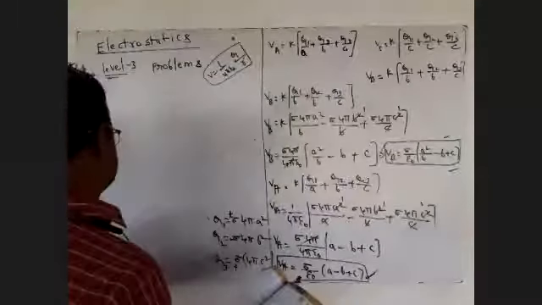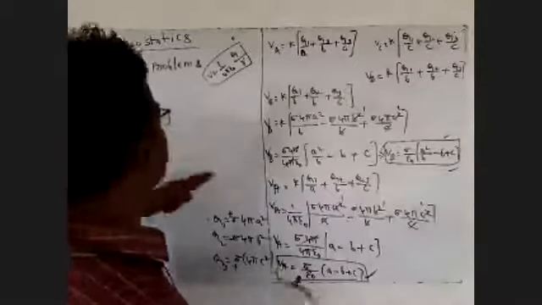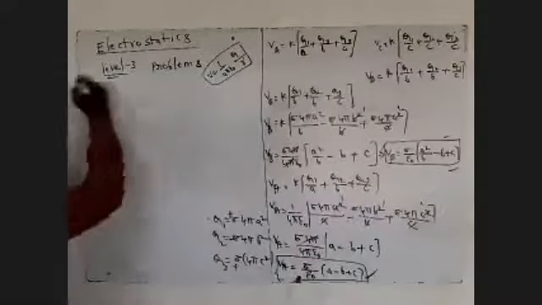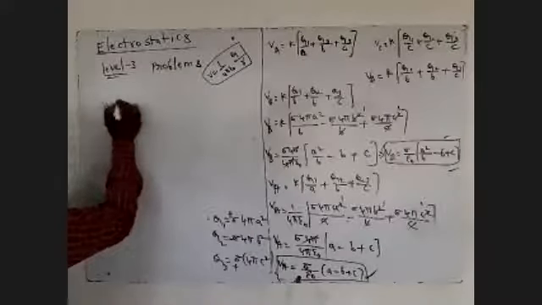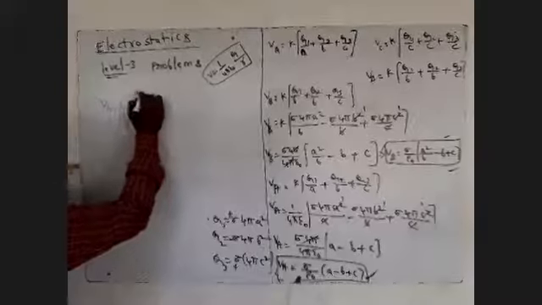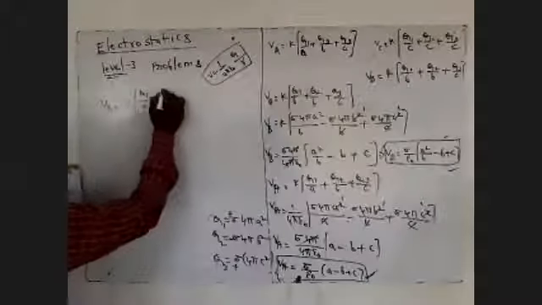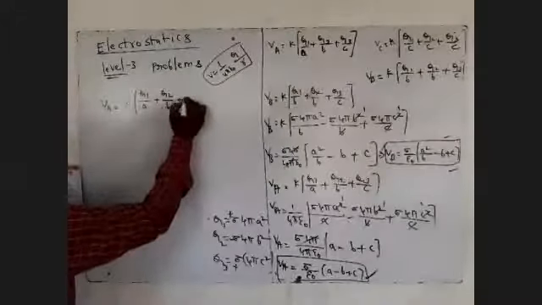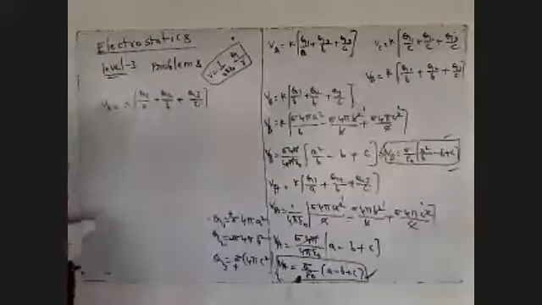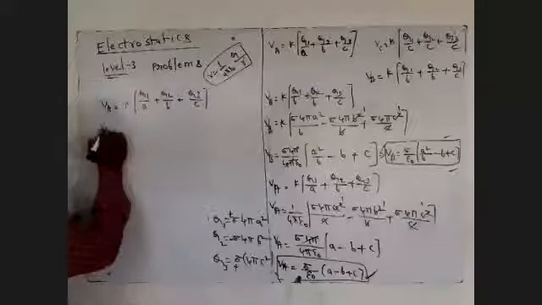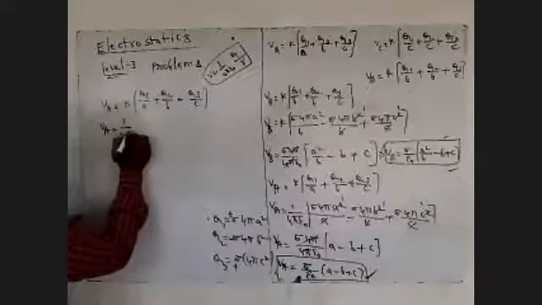You see the electric potential at point A. So VA is equal to, what is the formula? The formula is K times Q1 by A plus Q2 by B plus Q3 by C. VA is equal to K, meaning 1 by 4 pi epsilon naught.